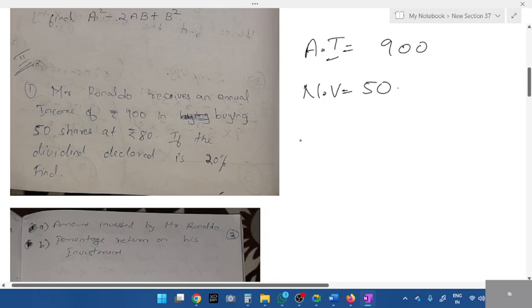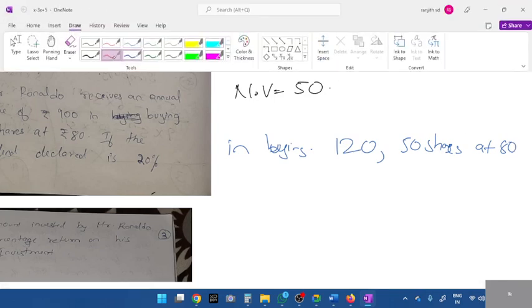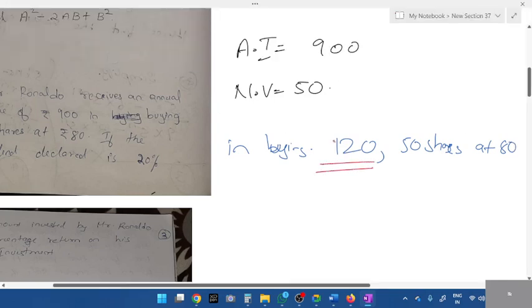See, for number of shares, they would give like this. Mr. Ronaldo receives an annual income of 900 in buying 120, 50 shares at 80. Yes. In buying 120, what is 120, students?